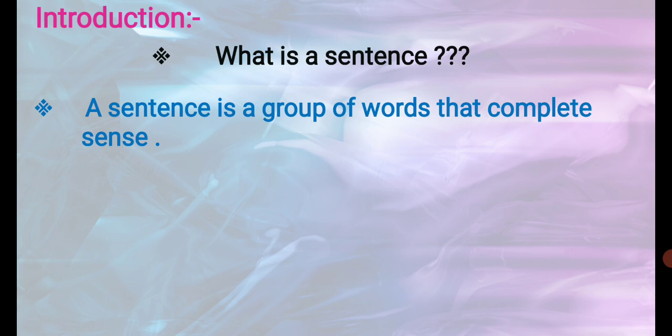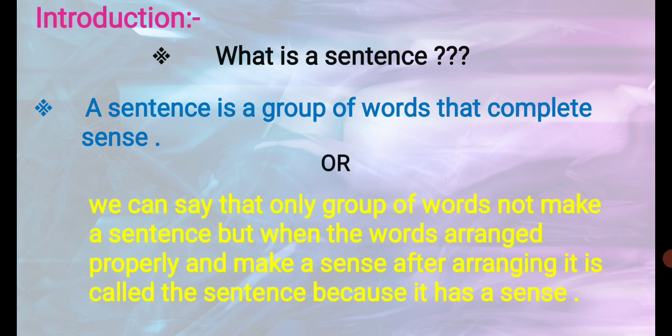But when we arrange them in a proper order and it makes sense, it is called a sentence. Or we can say that not only a group of words makes a sentence, but when the words are arranged properly in proper order and make sense, it is called a sentence, because it has a sense.